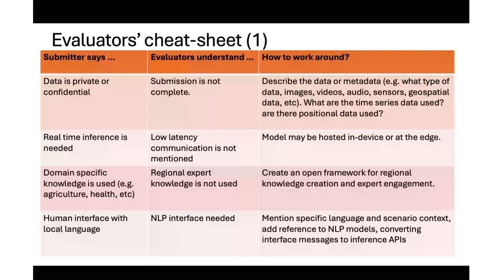Another third aspect is that domain-specific knowledge is used. So the submitter says that there are some domain-specific knowledge aspects which are used in agriculture, health, industry use cases, and so on.